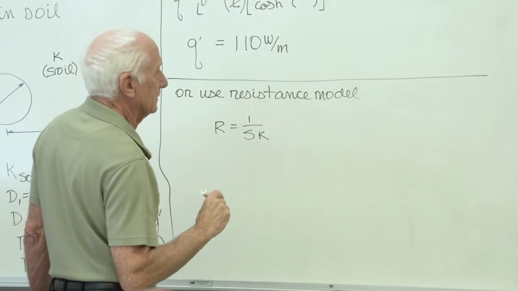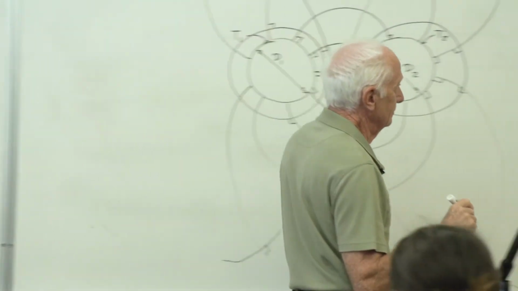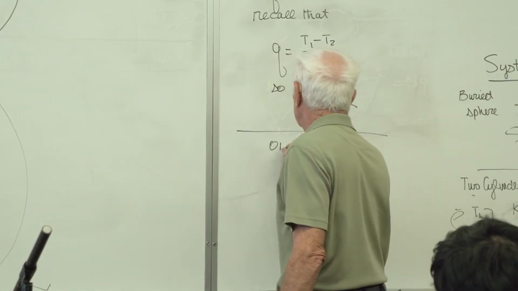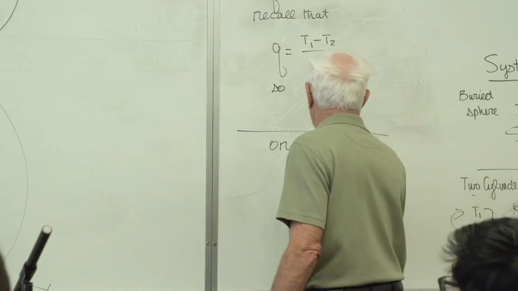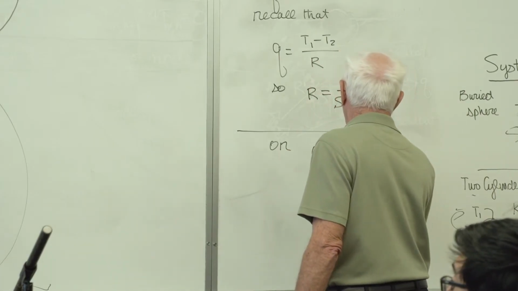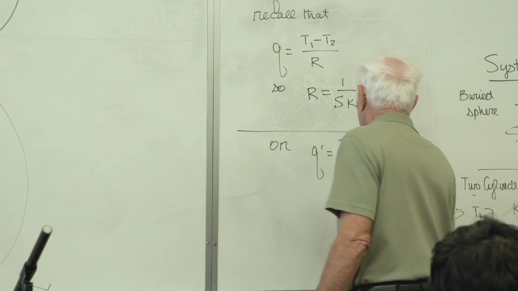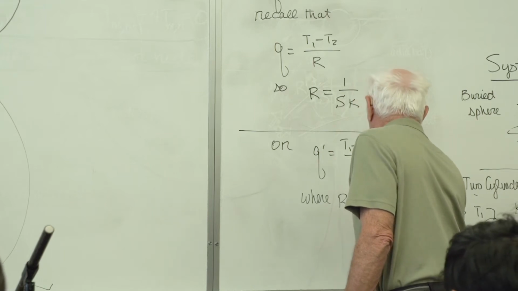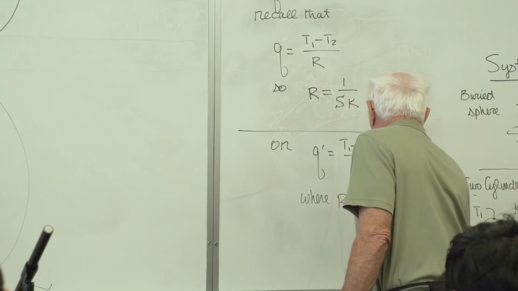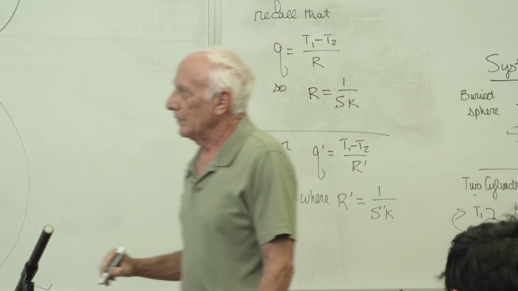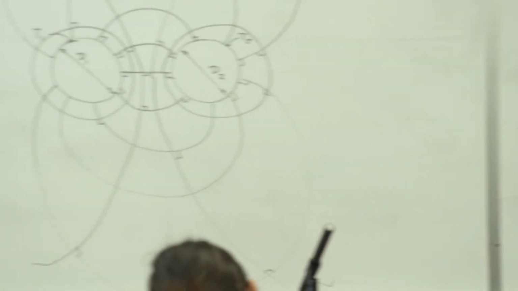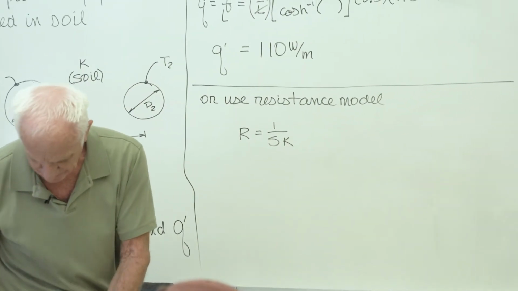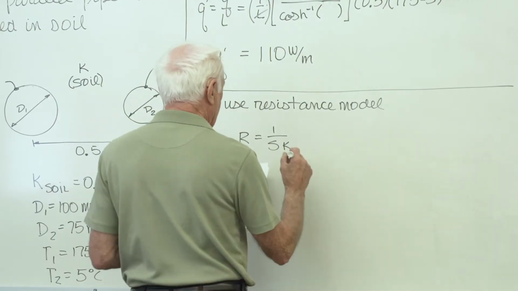Okay. If I want Q prime, so, okay, my resistance there then comes out to be 1.55.